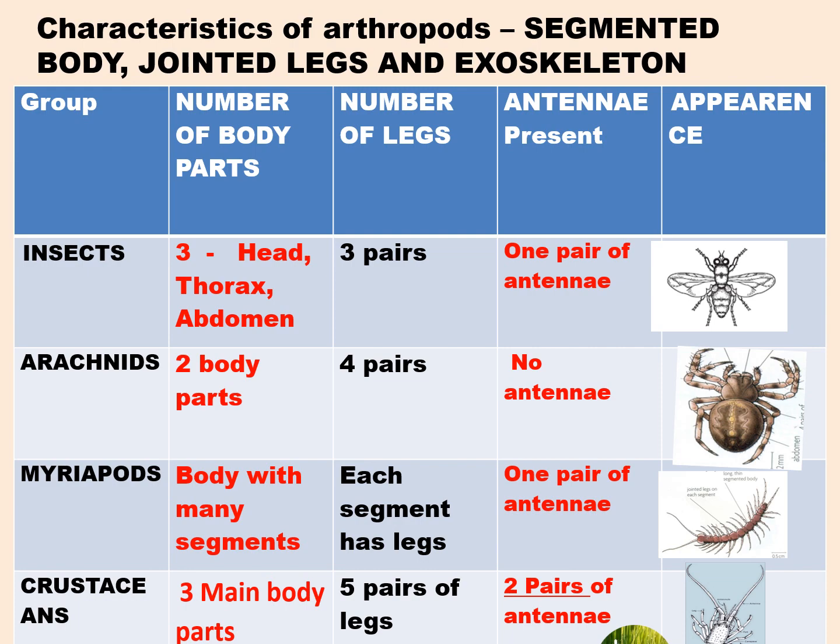Crustaceans, they also have 3 main body parts, but they also may be further segmented. And they have 5 pairs of legs. And the special thing is they have 2 pairs of antennae, which you should remember. And there is a picture of the crustacean.